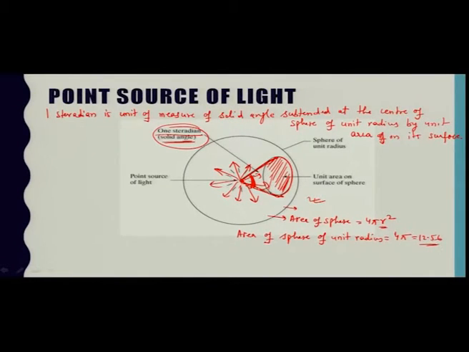Thus there are basically 4 pi steradians about the center of the sphere, analogous to 2 pi radians about the center of a plane circle. So there are 4 pi steradians about the center of the sphere.